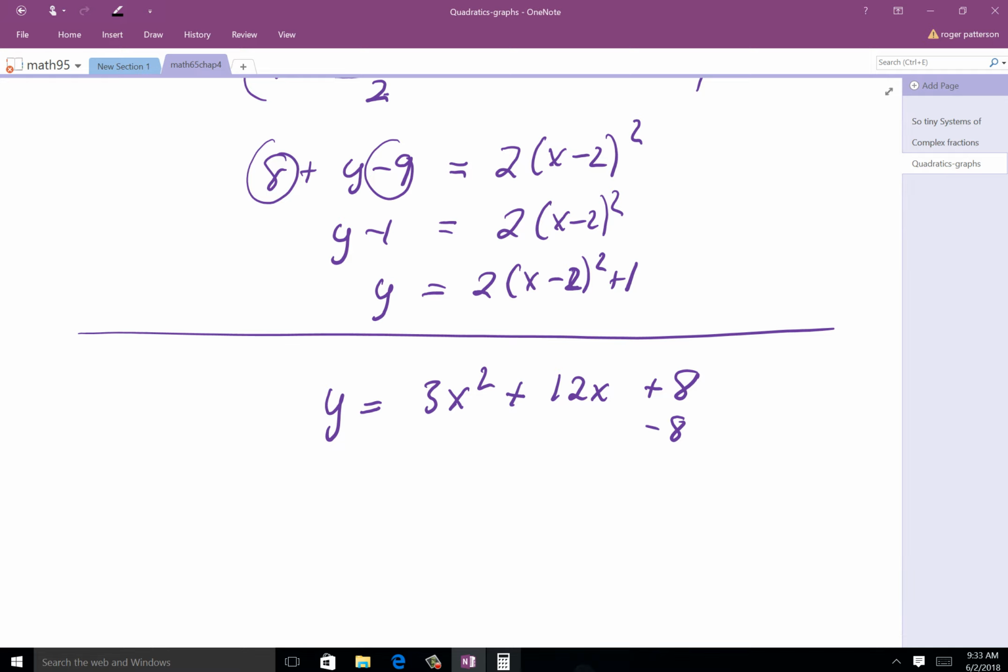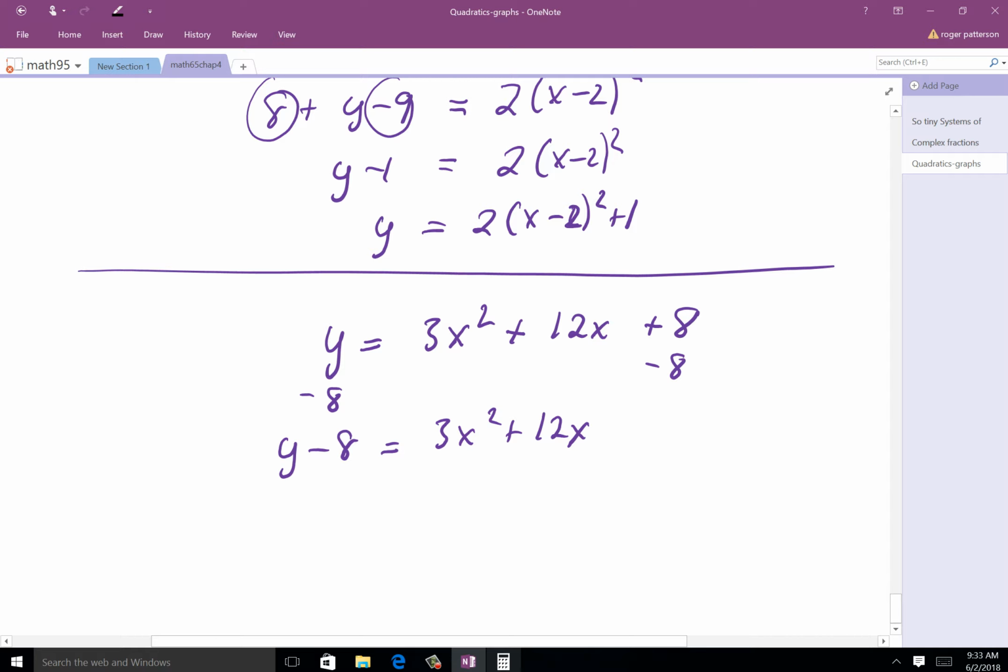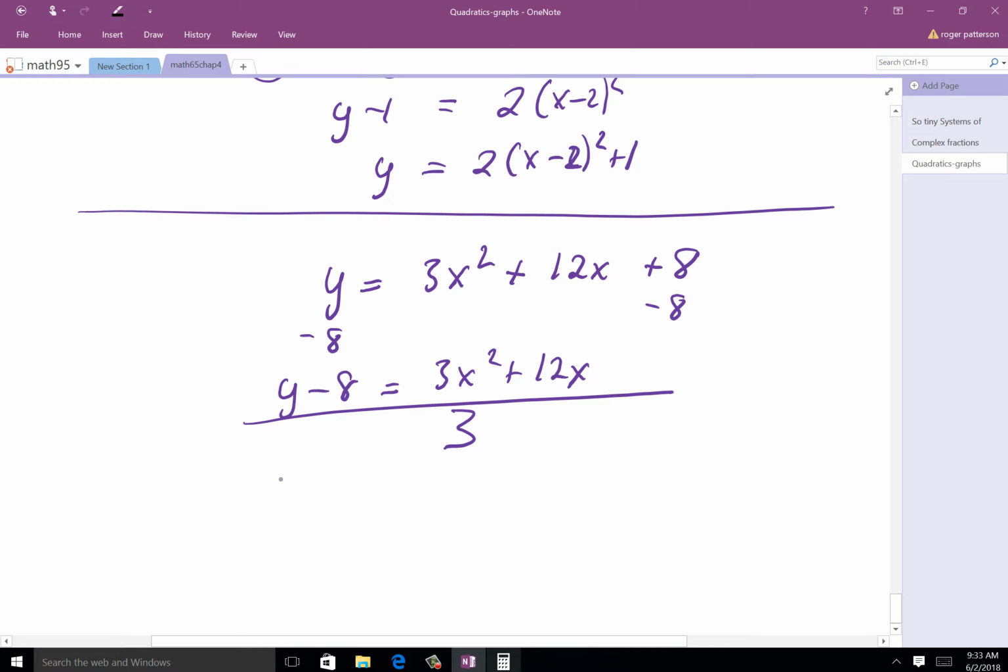I want to get it out of there. What are we going to divide by now? 3. Good. We don't want 3x squared. 3x squared is messing us up. So divide it. Get rid of it.